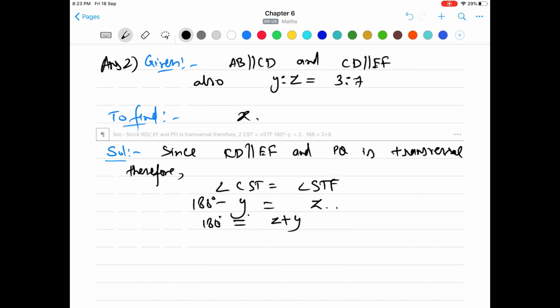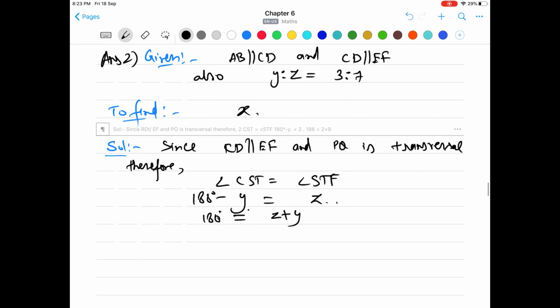So from here we can find out that since y ratio z is 3 ratio 7, let's assume them to be in the same ratio. Let's take y equals 3a and z equals 7a.